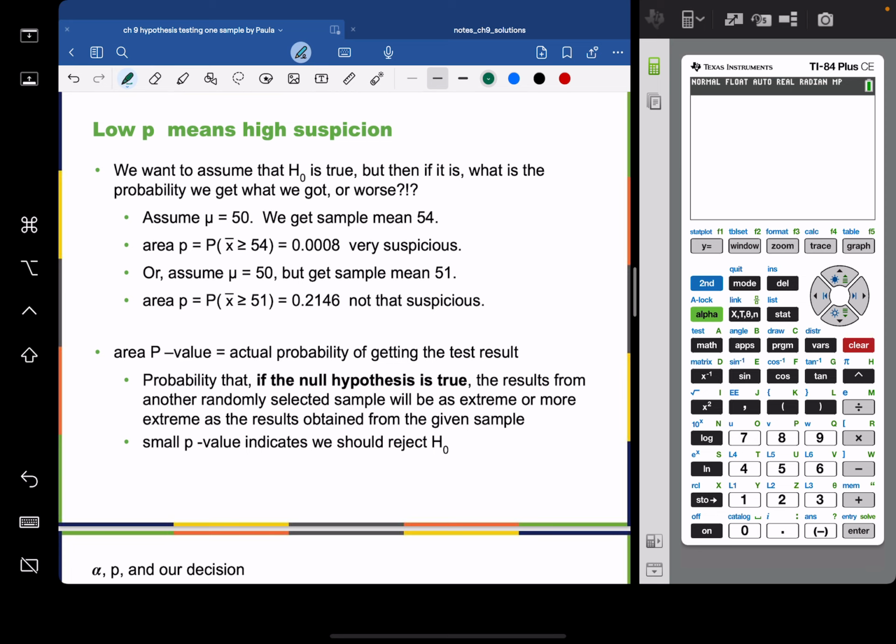If mu is 50 and we end up with a sample mean of 54, you might be like, that's a little bit suspicious.